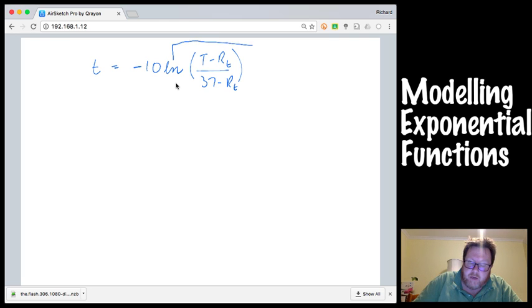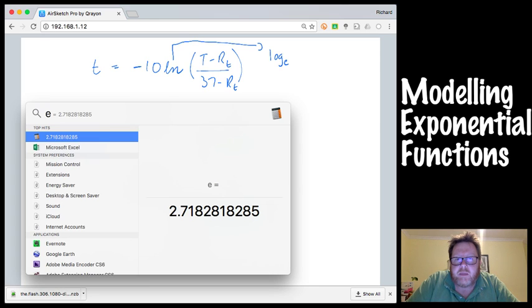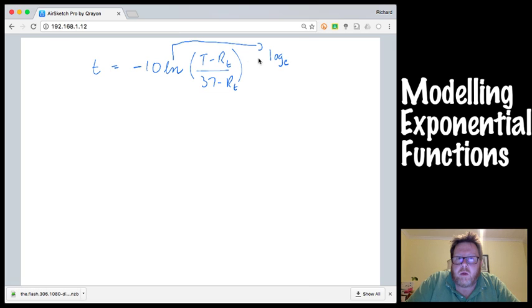ln is a logarithmic function of a special base, and the base is e. This special value e, which I can show you on the calculator, is 2.7182. It turns out that this particular value is very common in population growths and decays in nature, and hence we call log base e the natural logarithm.